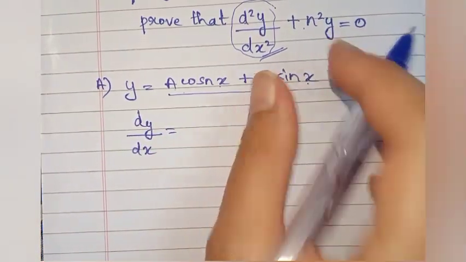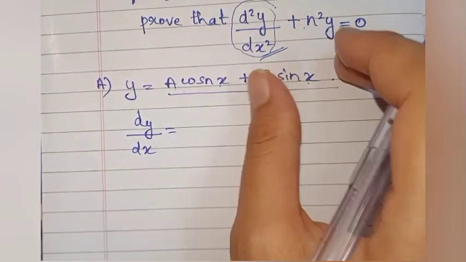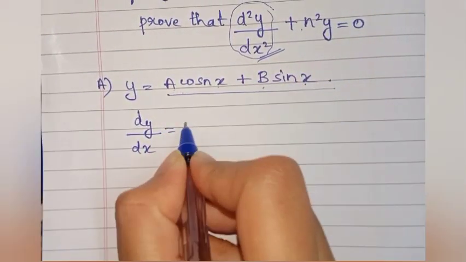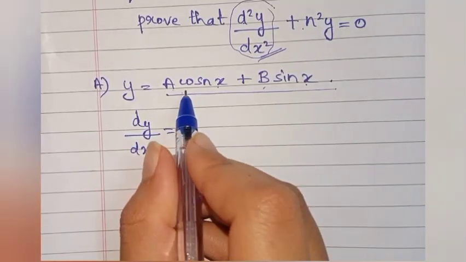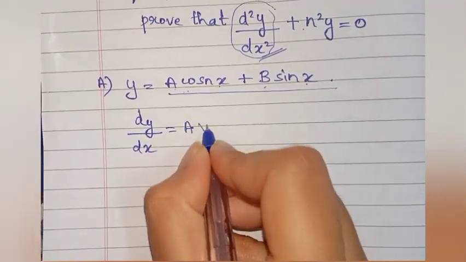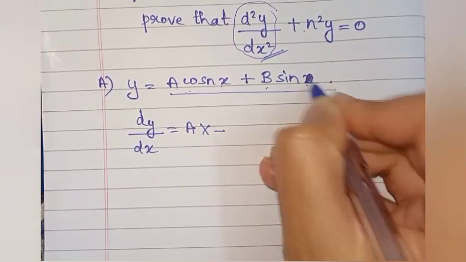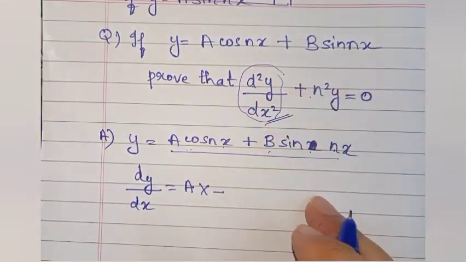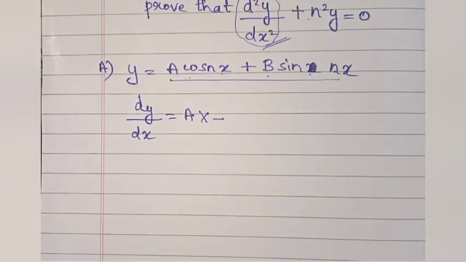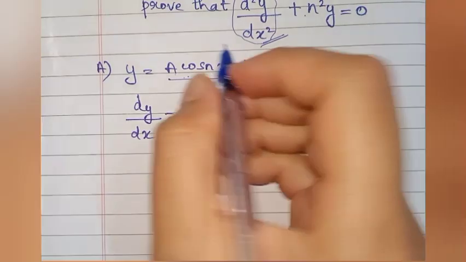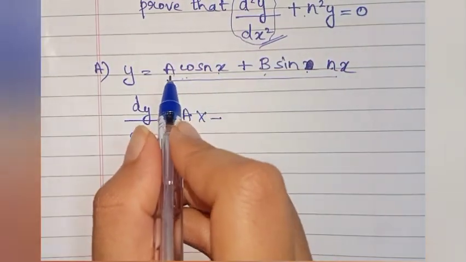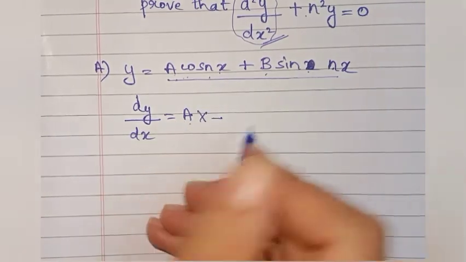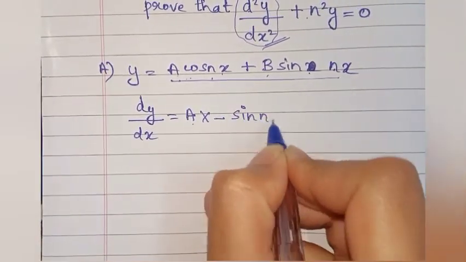Since a is a constant, we write here a itself, and the differentiation of cos nx is minus sin nx.